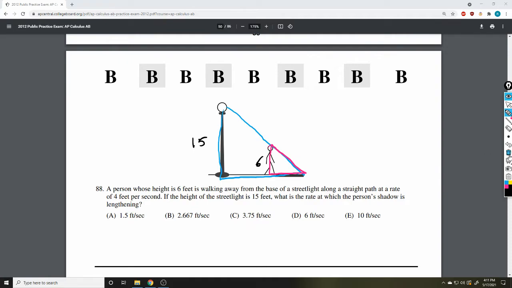Now, x is my distance along from the street light to the person. And then I also have s, the length of my shadow.